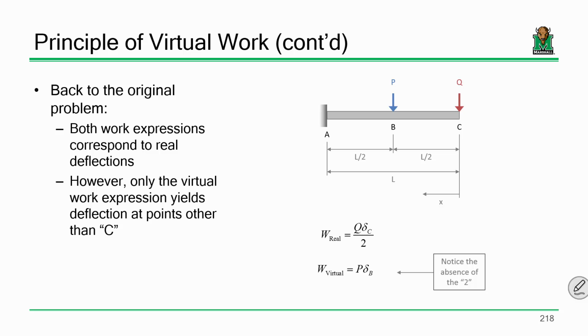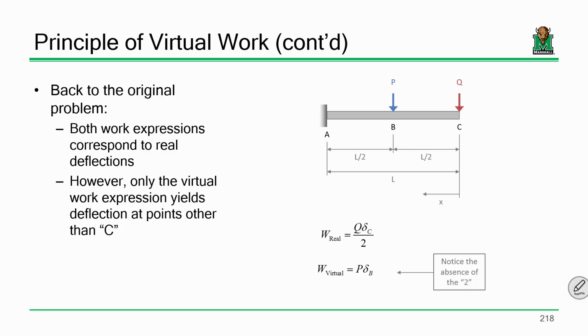All right. So I want to summarize what's going on here. Here I've got this structure. When it's all said and done, this is its preload and this is its final load, right? Now, I propose to you that we now have 2 expressions for the work done to this system. The real work, load times displacement over 2, but we now have this virtual work.